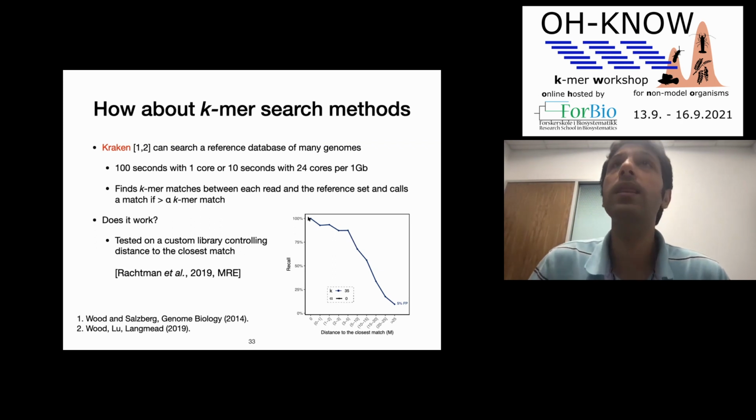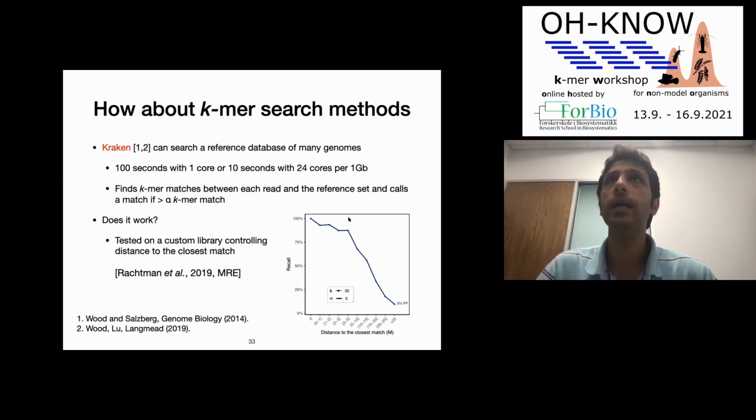Okay, so how well does Kraken do in finding contaminants? The bottom line is that it works very well if you have a close match. And what do we mean by close match? Up to 5%. It actually works decently well if you have 5 to 8% distance as well. It finds most of those contaminants.